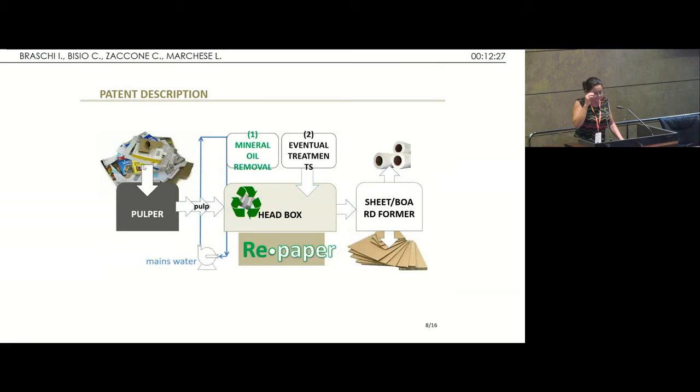So we started the first experiment using an Italian newspaper well known to be highly polluted with mineral oil. And we prepared in the pulper the pulp in contact with our sorbent. So this was the idea.